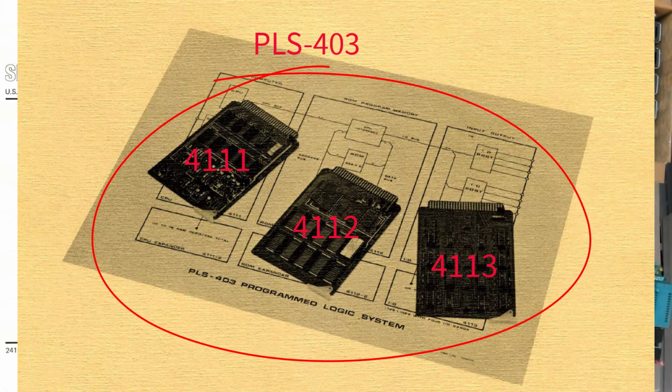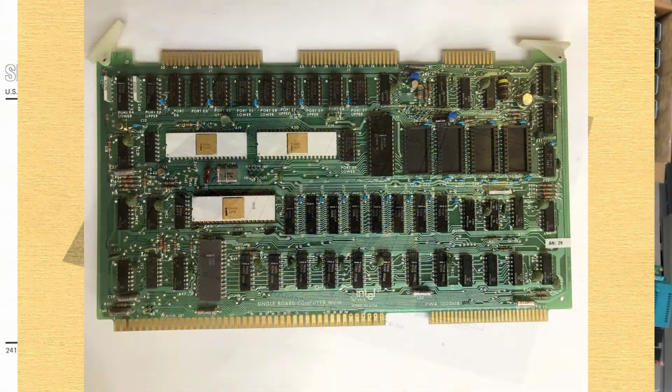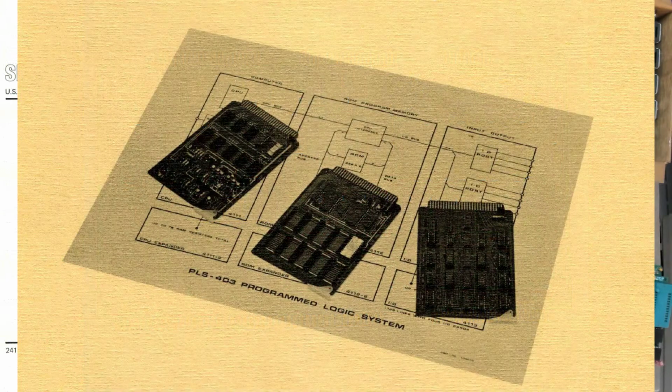So if you ordered a PLS 403, you got those 3 boards. It isn't just one card, it's a set of cards. And Intel always claimed to have invented the single board computer with the Multibus iSBC 8010. Prolog actually had the PLS 401 long before the 8010 came into existence.